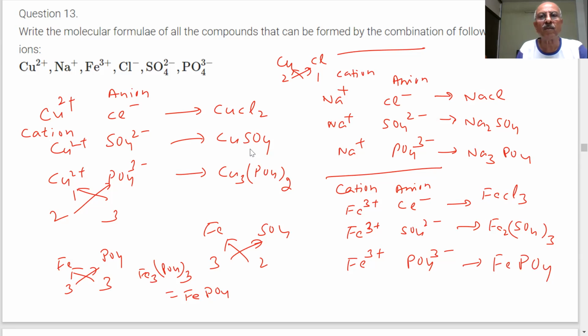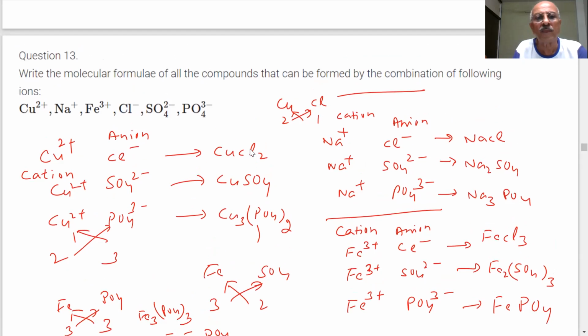Can we write the molecular formula of the compounds by combination of the ions? Now, if ions are given, we can write the molecular formula of the compound. This is very important because such things will be there as you go to higher classes. All this will become important for us. How do we write the formulas?